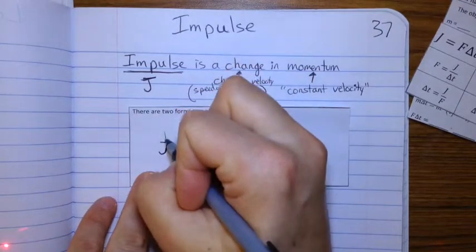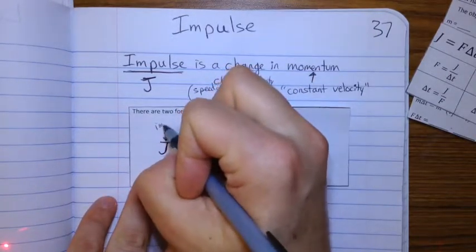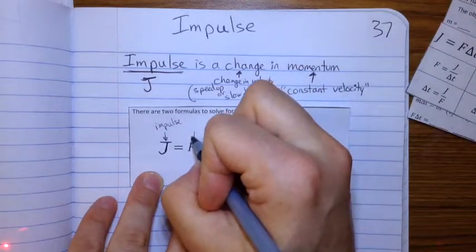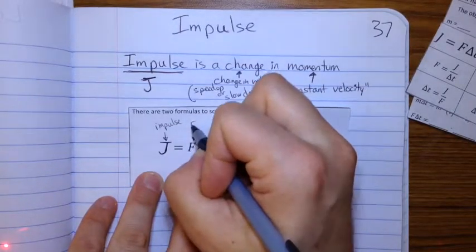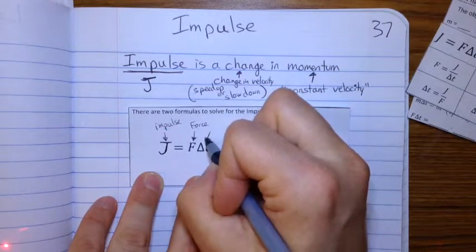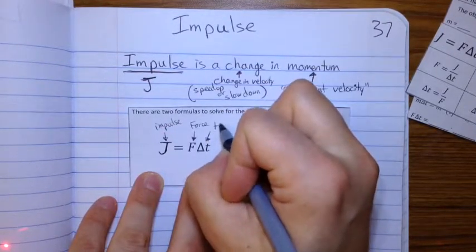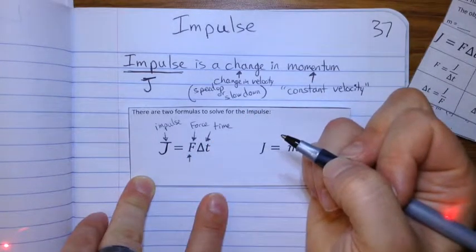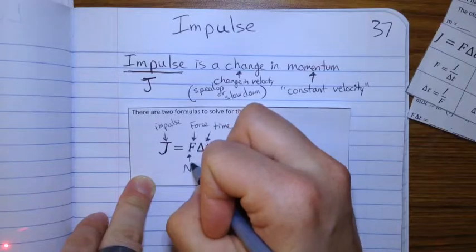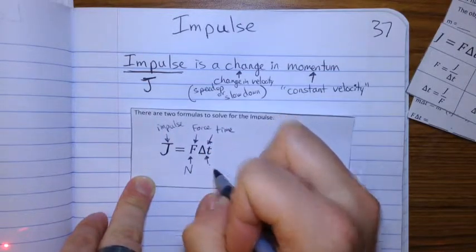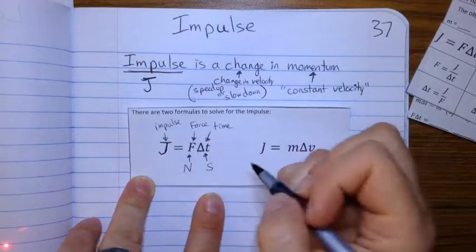So this is impulse. What does the F stand for? Force. And the delta T? Change in time. What are my units of measure for force? Newtons. What are my units of measure for time? Seconds.